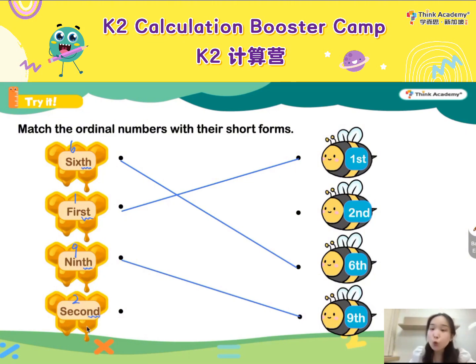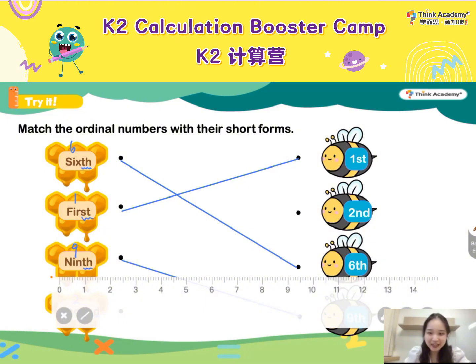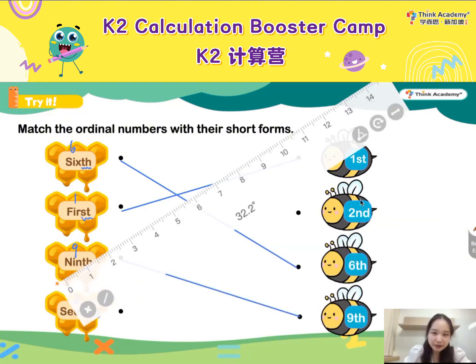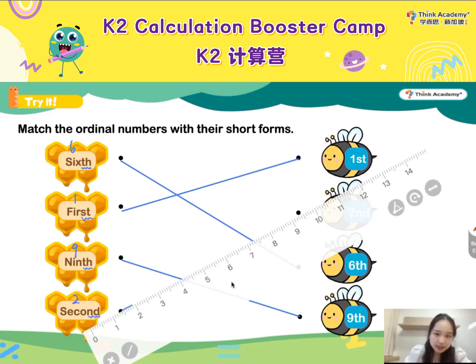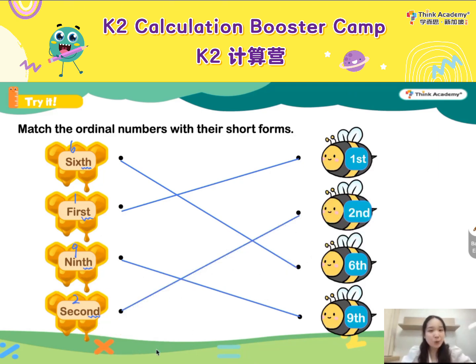ND. So who has 2ND? Oh, it happens to be the second bee. Another coincidence. So now let's match them. All right. So we've matched all the bees with the correct honeys.